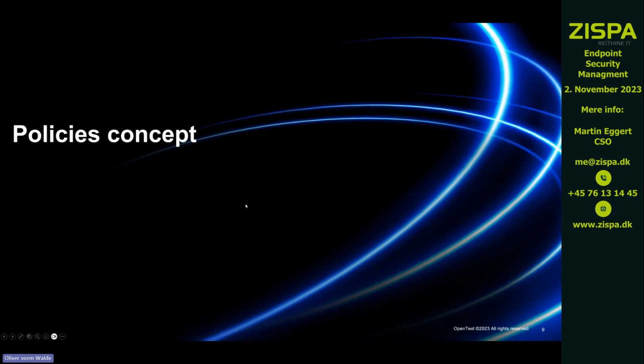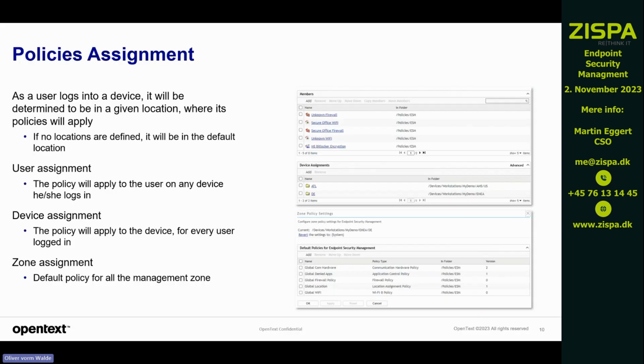So, some concepts. If you have activated endpoint security, it acts in terms of inheritance the same as other policies in the product. There is inheritance, but you also need to be aware of what a location is, what is important, or who in the end is the one overwriting.